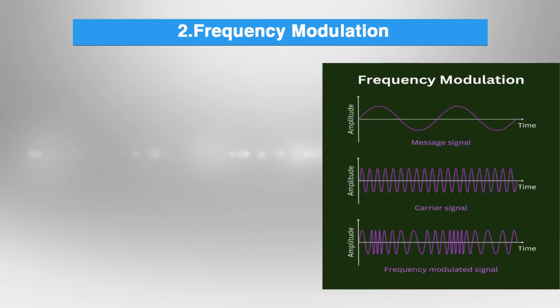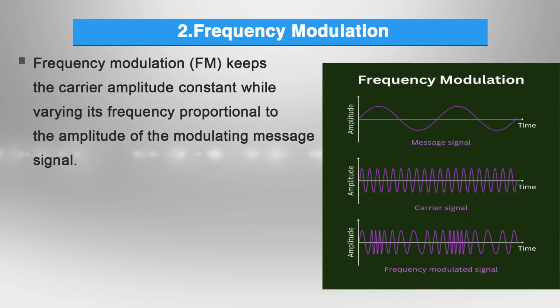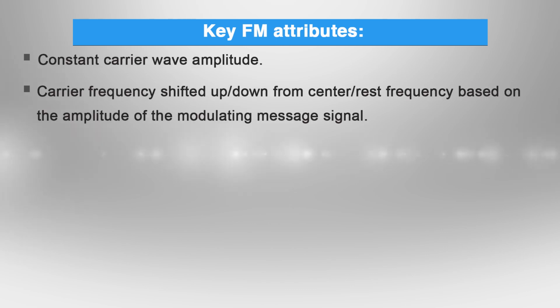Next is frequency modulation. Frequency modulation keeps the carrier amplitude constant while varying its frequency proportional to the amplitude of the modulating message signal. Some key frequency modulation attributes are: it has constant carrier wave amplitude, and the carrier frequency is shifted up or down from the center or rest frequency based on the amplitude of the modulating message signal.